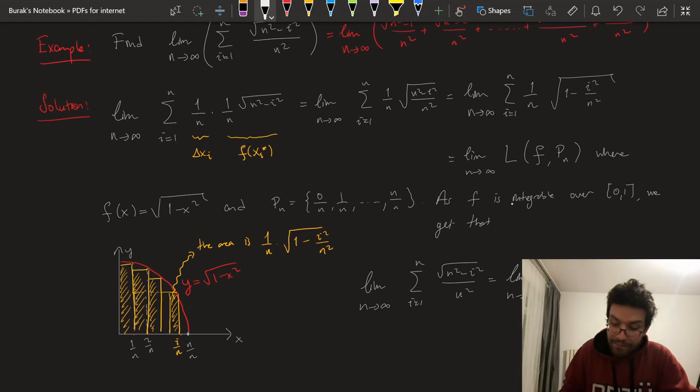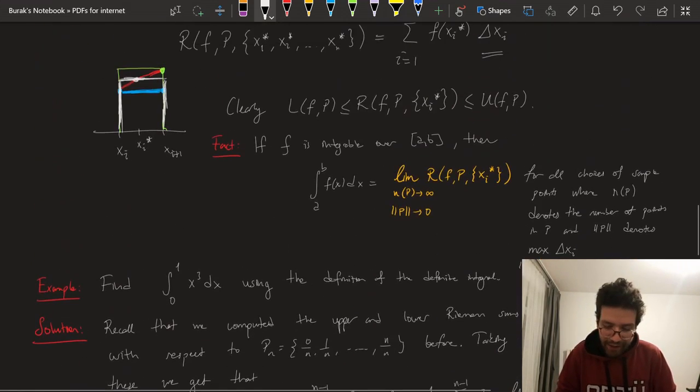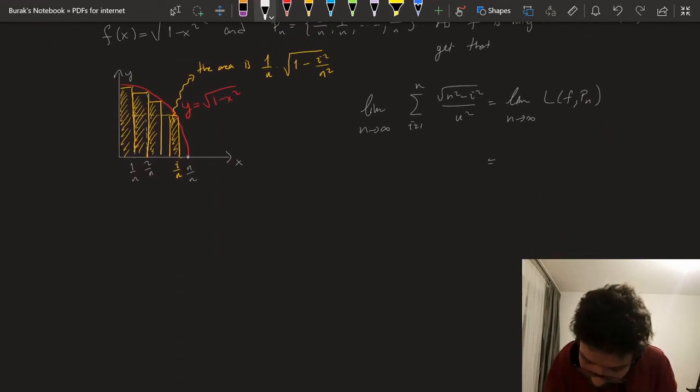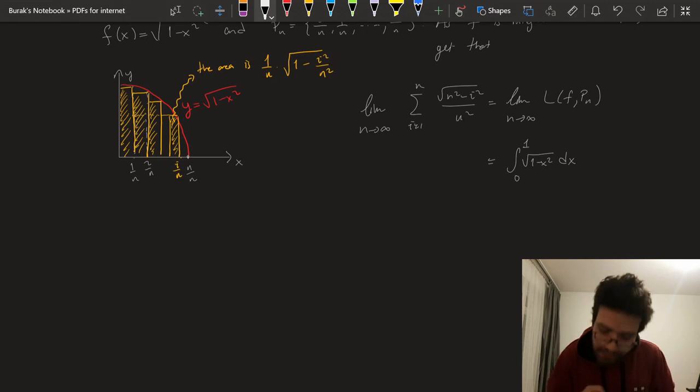You see, the number of points in these partitions go up to infinity, and the maximum width goes to 0. So by this fact, which I listed over here, this is actually the integral of square root of 1 minus x squared from 0 to 1.